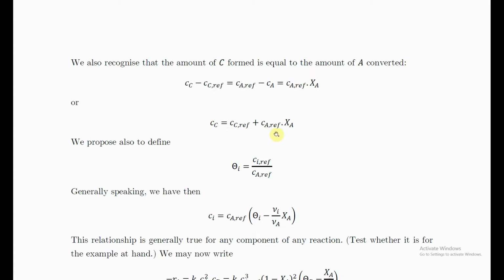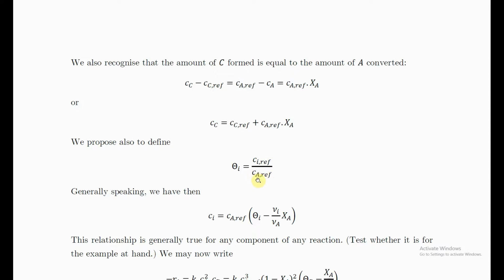So we have this expression, and now we are going to introduce this notation, capital theta sub I is equal to the reference concentration divided specifically by component A concentration as the reference. So here we are specifying our concentration at the inlet or initially on the basis of component A. And of course, this is an arbitrary choice.